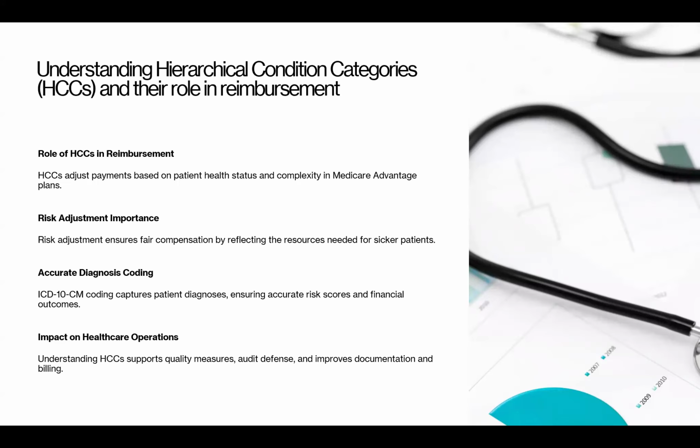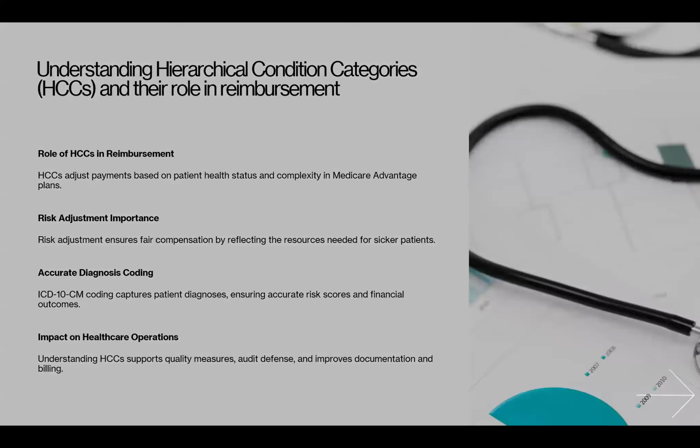It relies on accurate ICD-10-CM coding and definitely has an impact on healthcare operations. It also supports healthcare quality measures and results in better audit defense and improved documentation and billing.